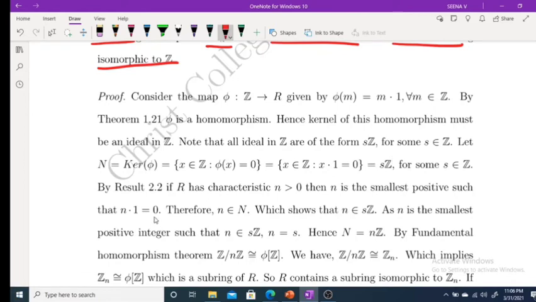So n belongs to sZ, as n is the smallest positive integer such that n times 1 equals 0.